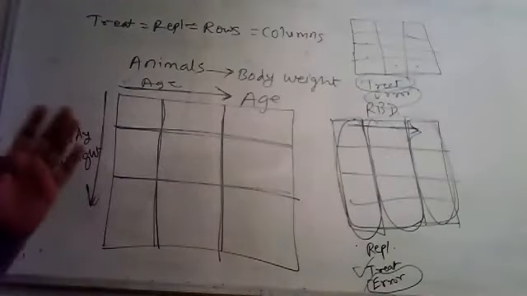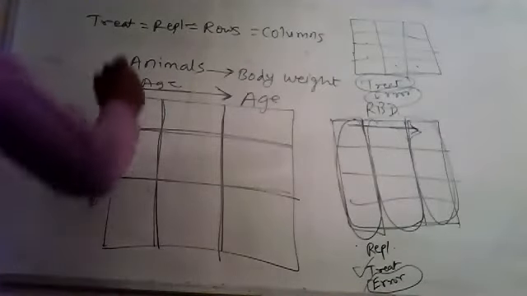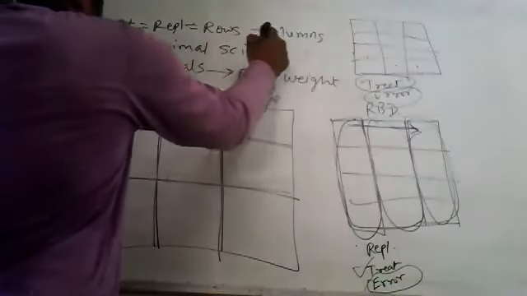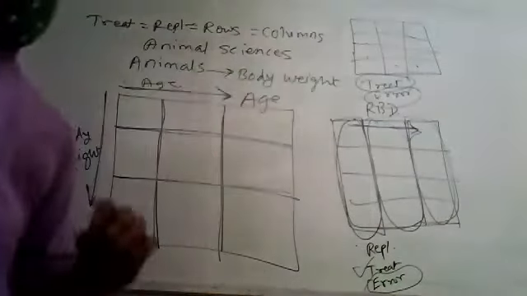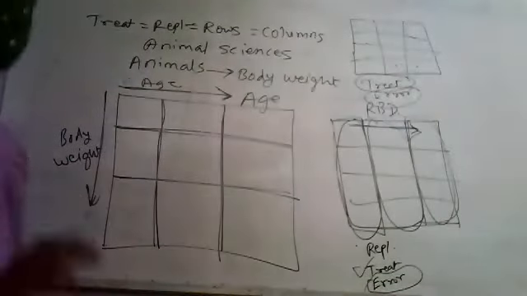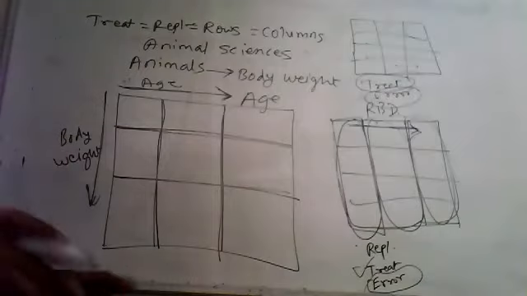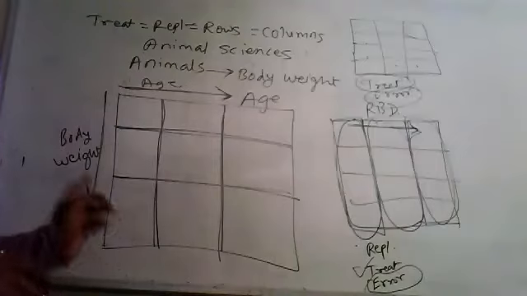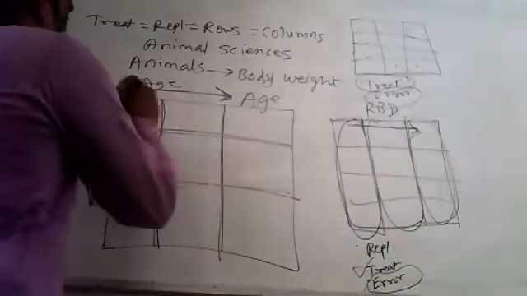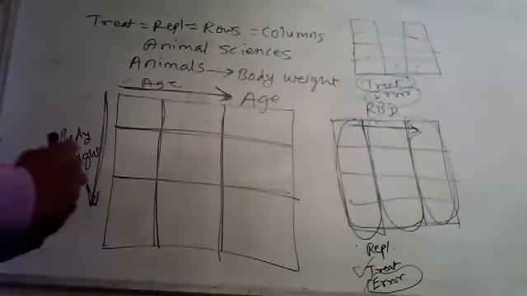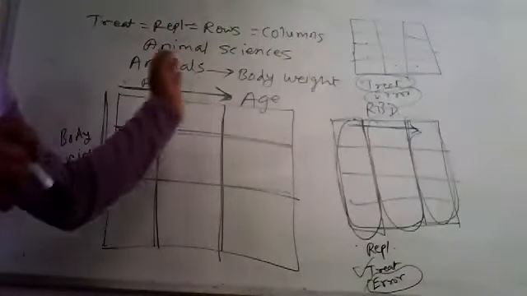This design is generally used in animal sciences. Experiment on animals. ठीक है, generally mostly used in experiments on animals, animal sciences, or in field experiment where fertility gradient is moving in two directions, horizontal as well as vertical, or the direction of fertility gradient is unknown. हमें पता नहीं है कि फर्टिलिटी ग्रेडियंट की डायरेक्शन कौन सी है.